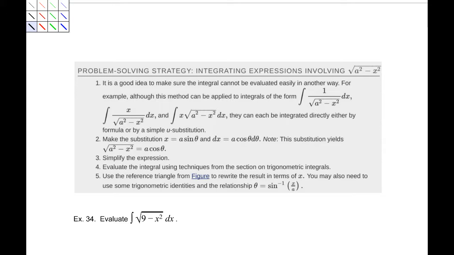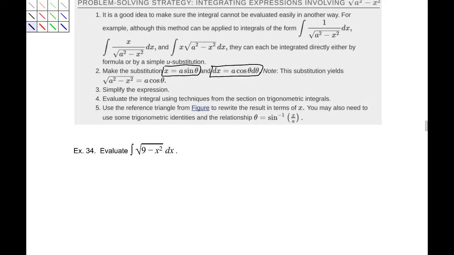If it doesn't work with u substitution or a simple formula, then we make the substitution x equals a sine theta, which makes dx a cosine theta d theta. We work this around until we get an a cosine theta, which is what always ends up happening. Simplify it, evaluate it based on how we did trigonometric integrals previously, and then use a reference triangle at the end to turn it back into terms of x. So let's go ahead with this one.